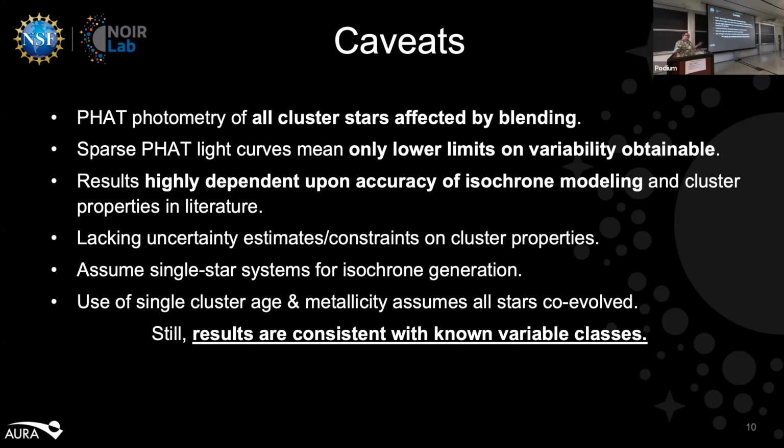And the sparse light curve, as I showed right at the start, means we're only able to provide a lower limit on the variability of these stars. But this is something where Roman, or again, even if it was not a targeted survey by Roman, even extending these light curves a little bit more would potentially massively increase the number of detections or the confidence in those detections.